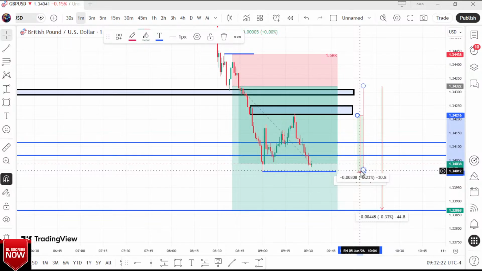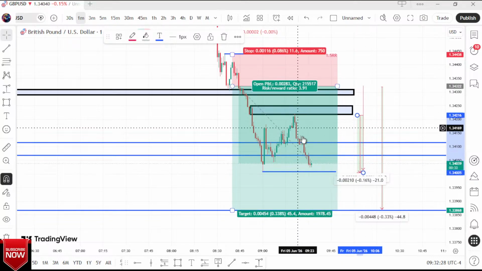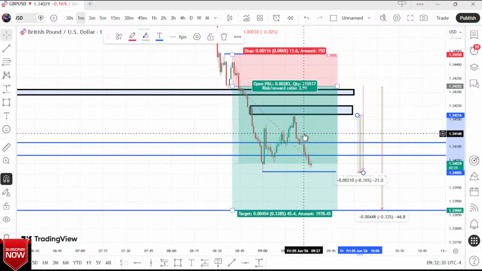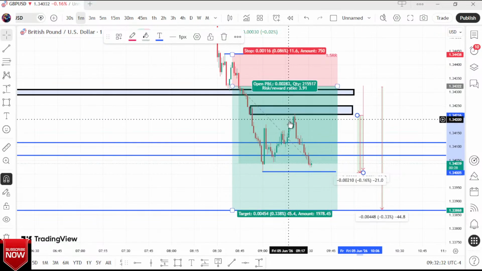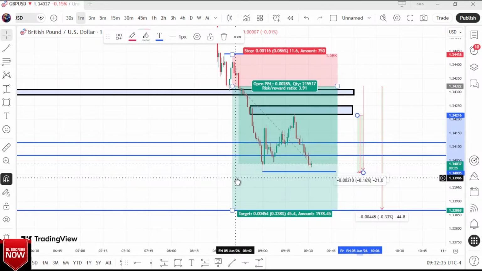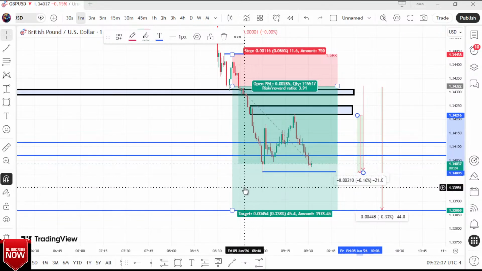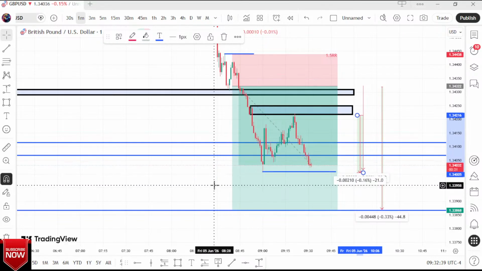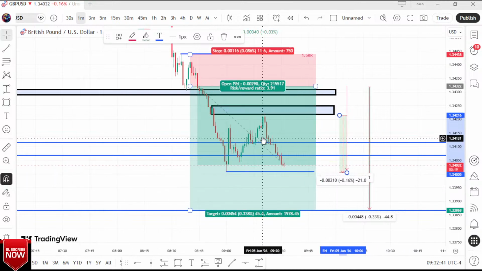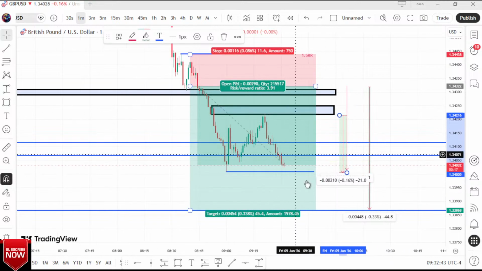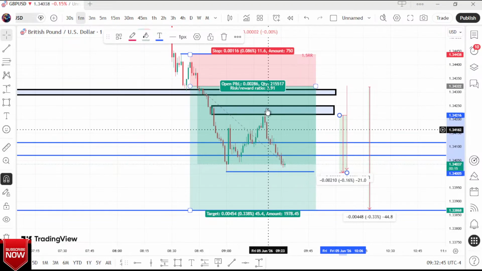Price went 20 pips. And this is the 1 minute time frame. Who does that? Not just to brag, but this is a concept that you'll want to use.